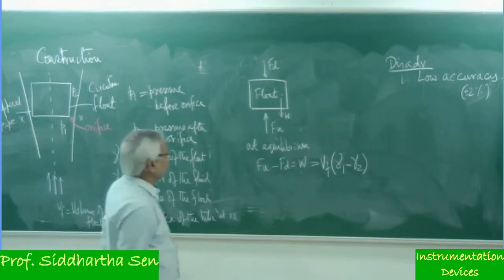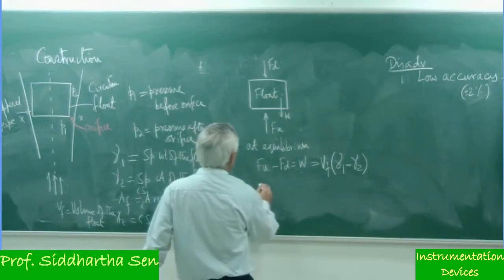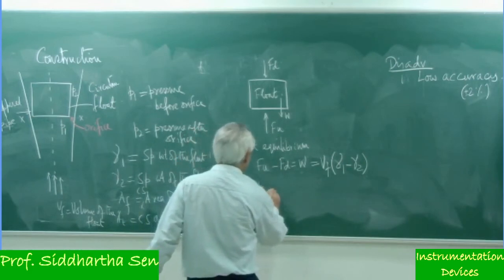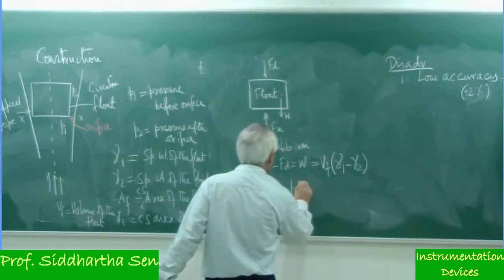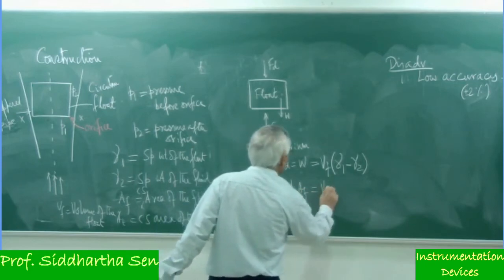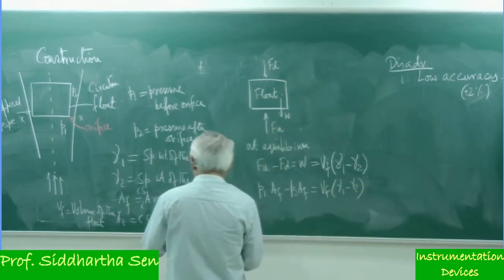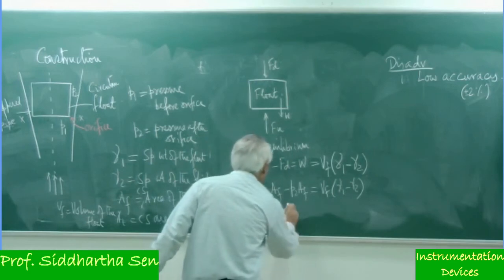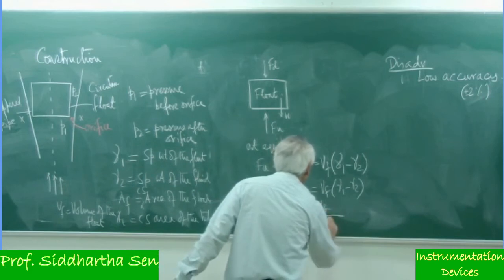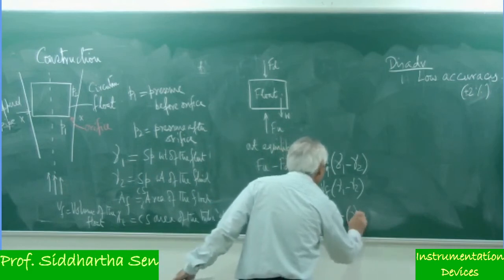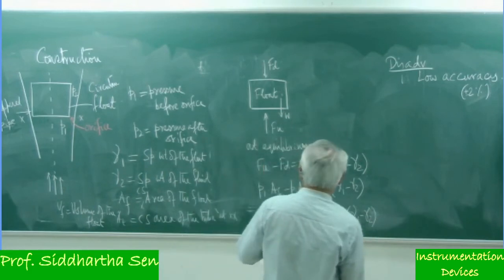And Fu minus Fd, I can say P1 into AF minus P2 into AF is equal to Vf into gamma 1 minus gamma 2. So P1 minus P2, the pressure difference, is Vf divided by AF into gamma 1 minus gamma 2. Agreed?